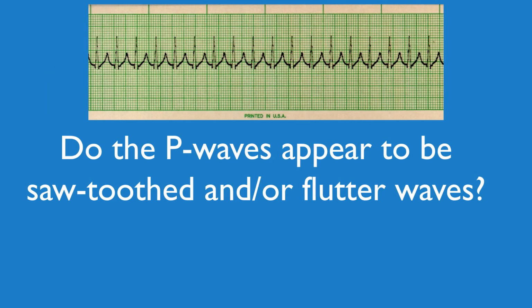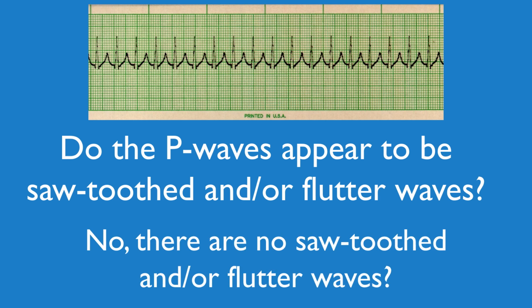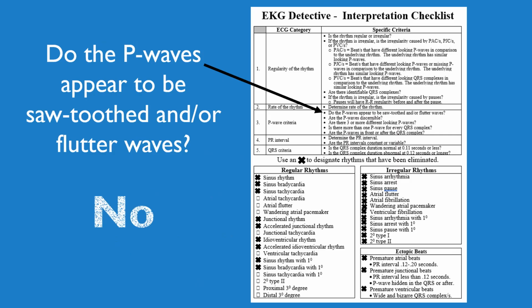So looking at our example of an atrial tach here, there are not flutter waves, because flutter waves are going to be extra P waves running basically adjacent to one another. They are pointy as we mentioned, but there are not any flutter or sawtooth P waves here. So going to our checklist, since there are not sawtooth or flutter waves, we'll be able to eliminate atrial flutter.